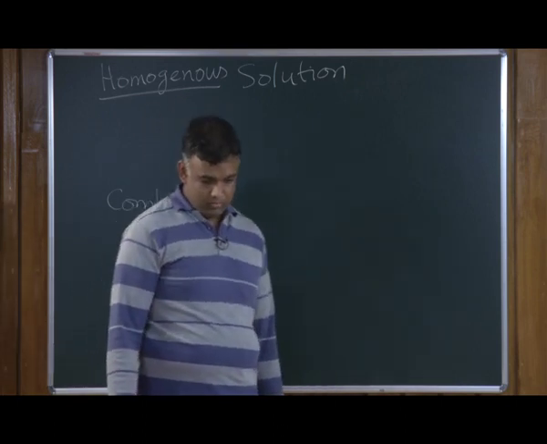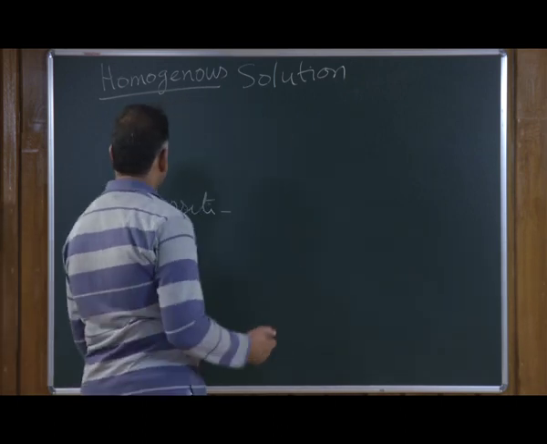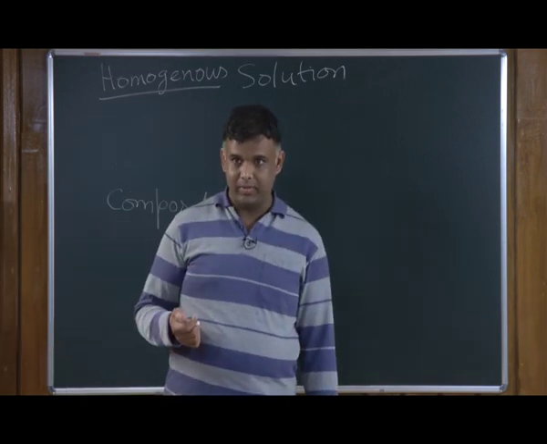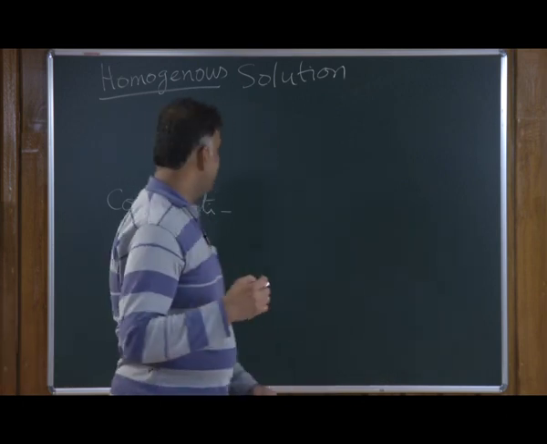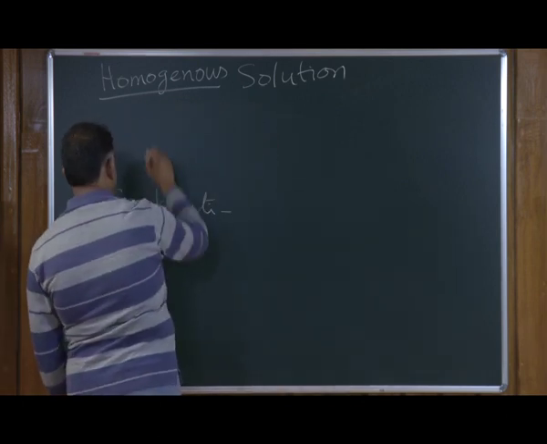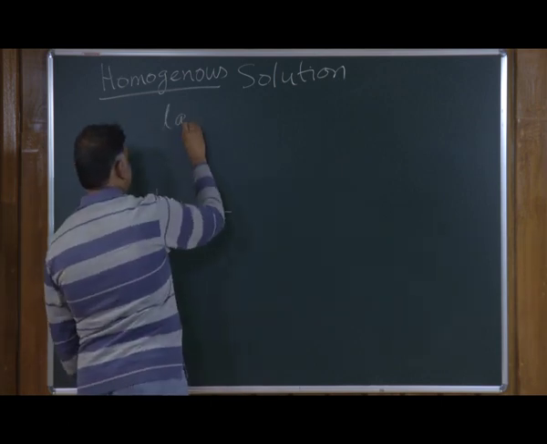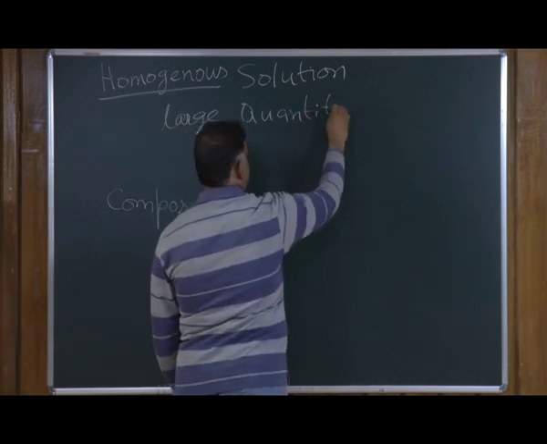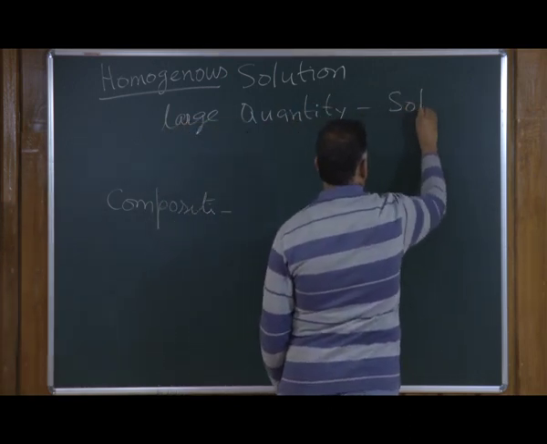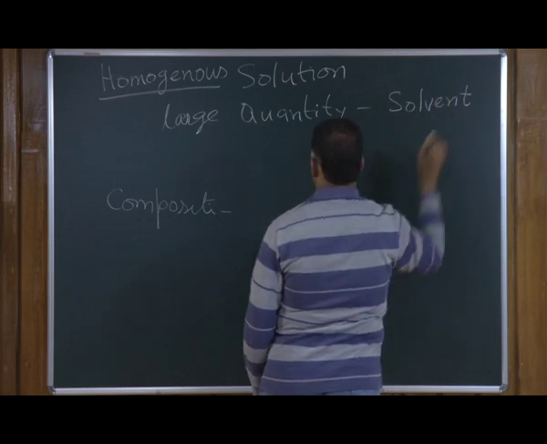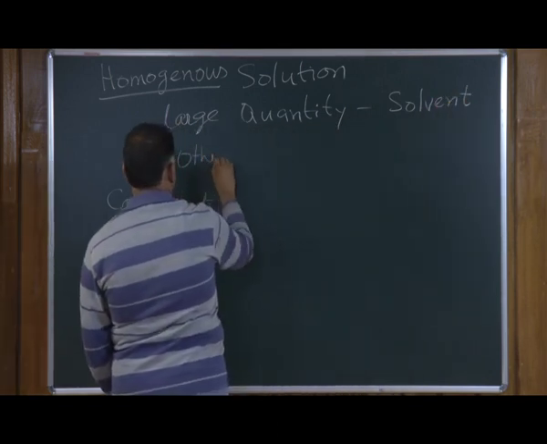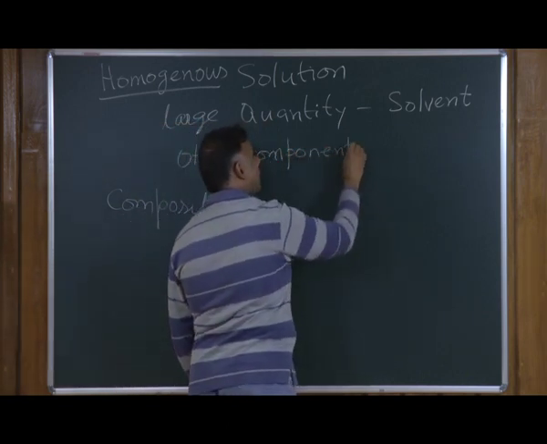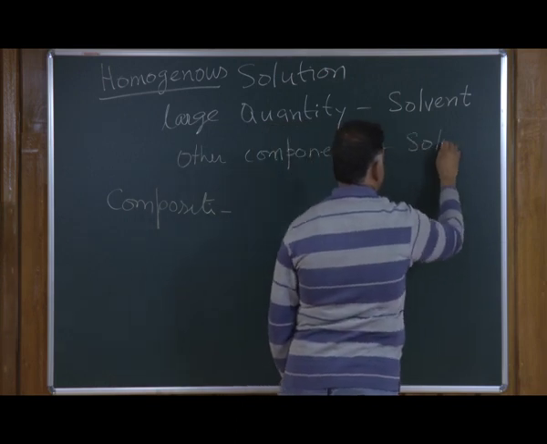Okay. So, let us first define what is solution. There is solute present and there is solvent present. The component which is present in large quantity, present in excess, is called solvent, and other components are called solute.